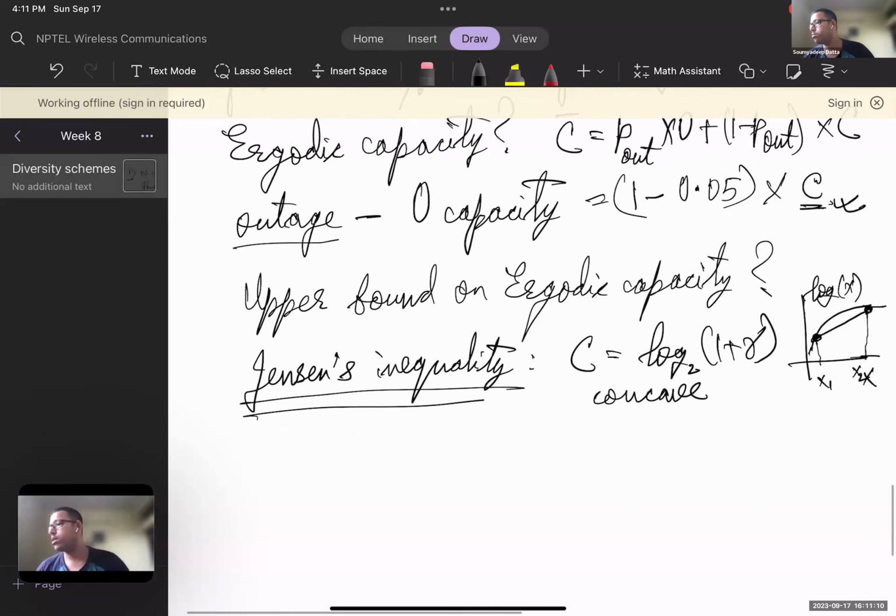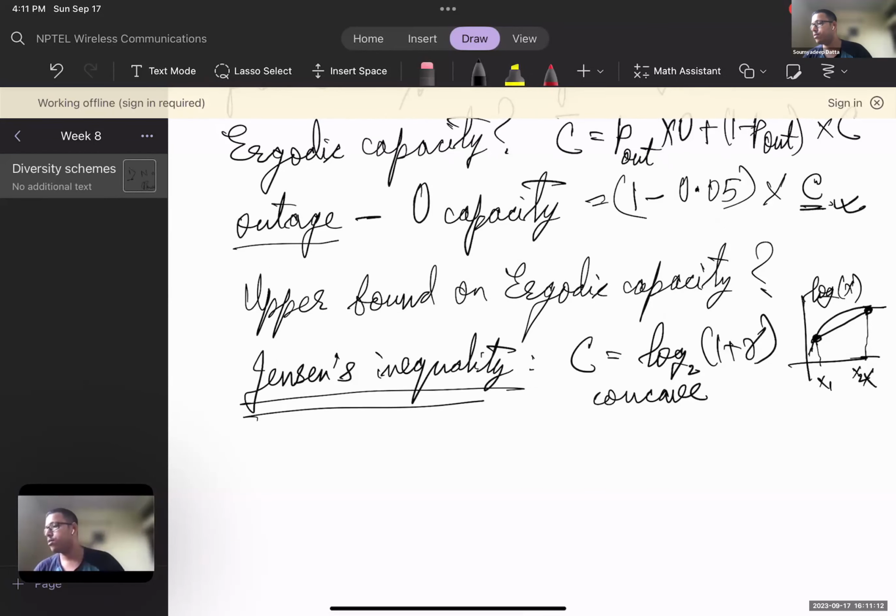And you can actually prove that for this function, let's say for x1, x2, if I take expectation of this function, I have two quantities here.